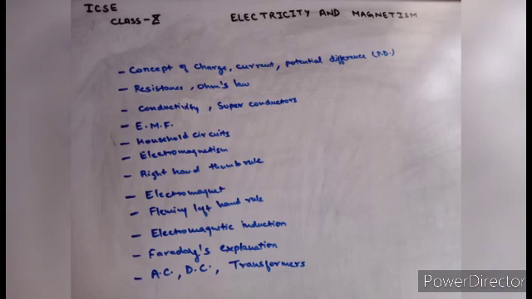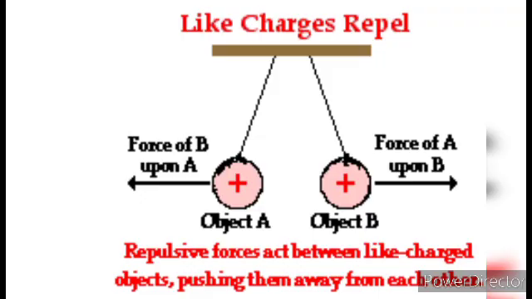So the very first topic is concept of charge. As you all have read in class 9th about charge, when two bodies like glass and silk, or ebonite and fur, are rubbed together, there is a transfer of electrons from one body to the other. The body which gains electrons becomes negatively charged, and the body which loses electrons becomes positively charged.